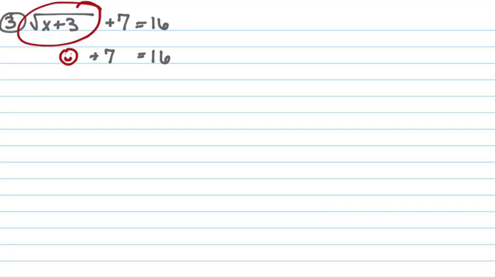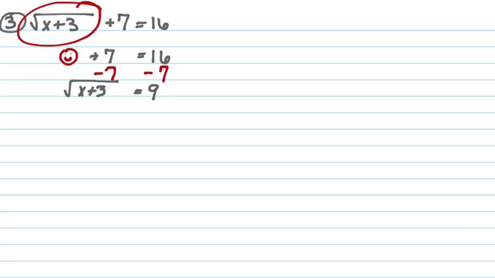And solve this equation. So I would solve this equation by subtracting 7 from both sides. And my smiley face was equal to 9. Now, that smiley face really wasn't a smiley face. It was that square root of x plus 3. Now I have that square root by itself.